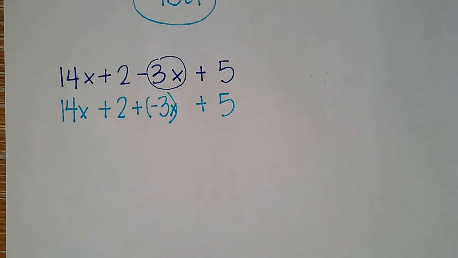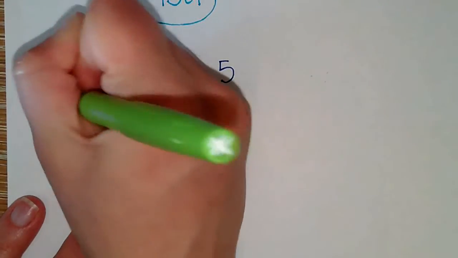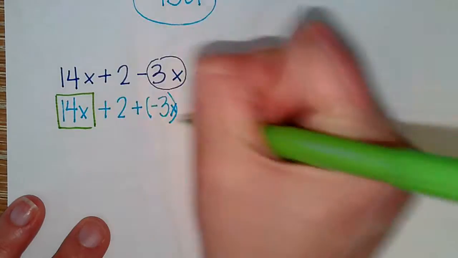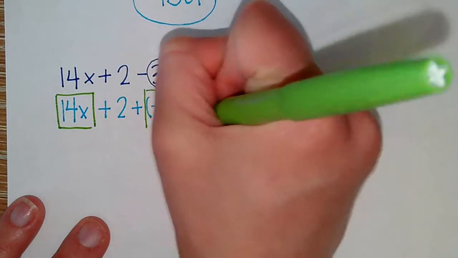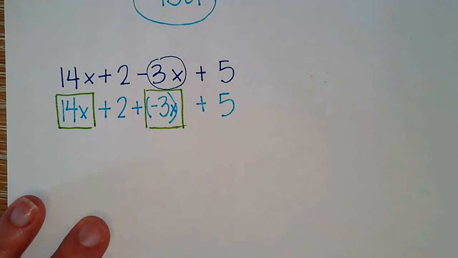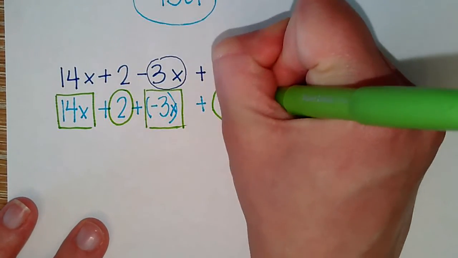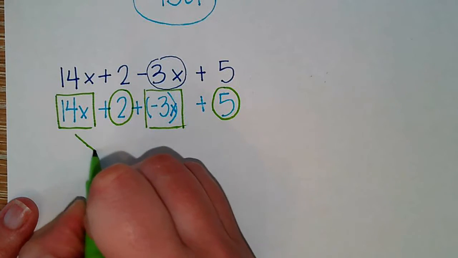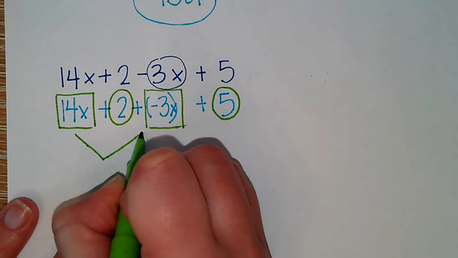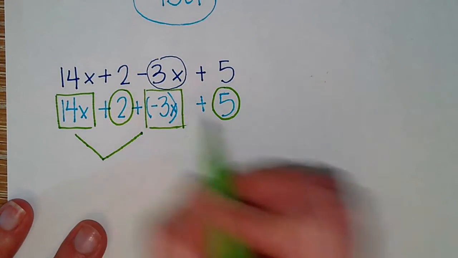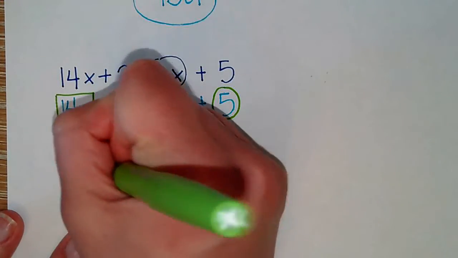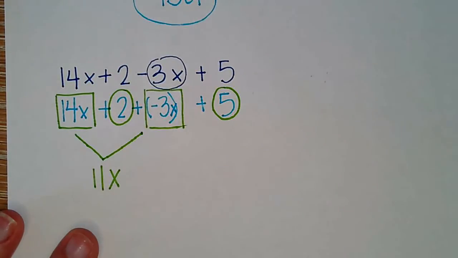So one way that I can do that is by boxing or circling my like terms. So I'm going to box my x's. And then my constants are like terms as well. So I will circle those. From here, I take positive 14x plus negative 3x, which will get me 11x.